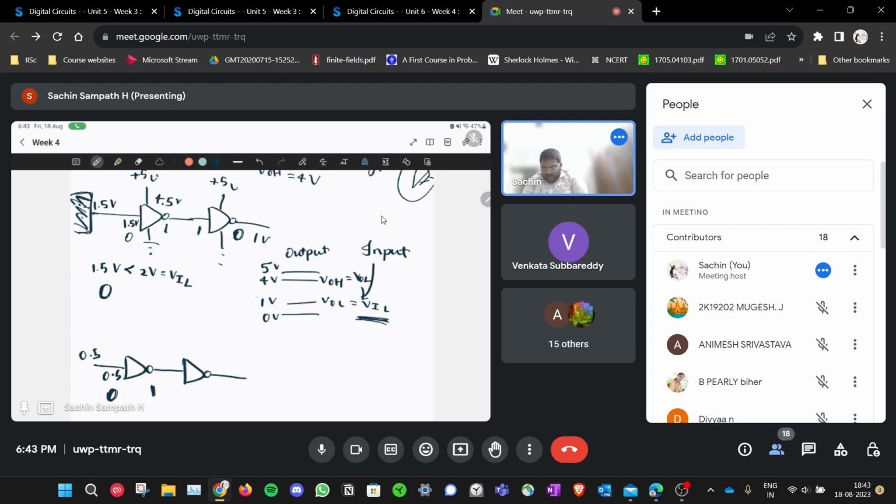Now, logic 1 for the output is between 4 and 5 volts. So it has to send something between 4 and 5 volts as the output. Let's say it wanted to send out 4.2 volts. Somebody did some mischief. They introduced some noise here, and this actually reduced to 3.8 volts instead of 4.2. We don't know why that's happened. Something went wrong with the circuit.